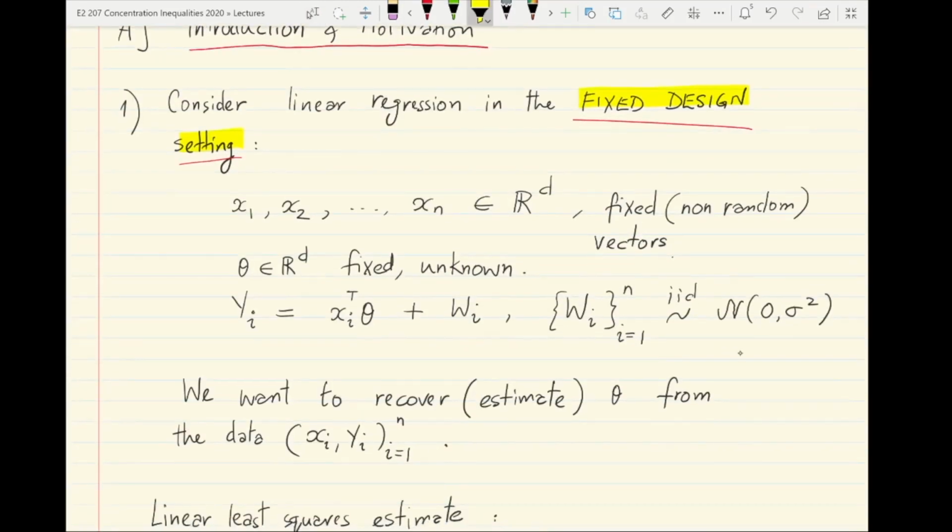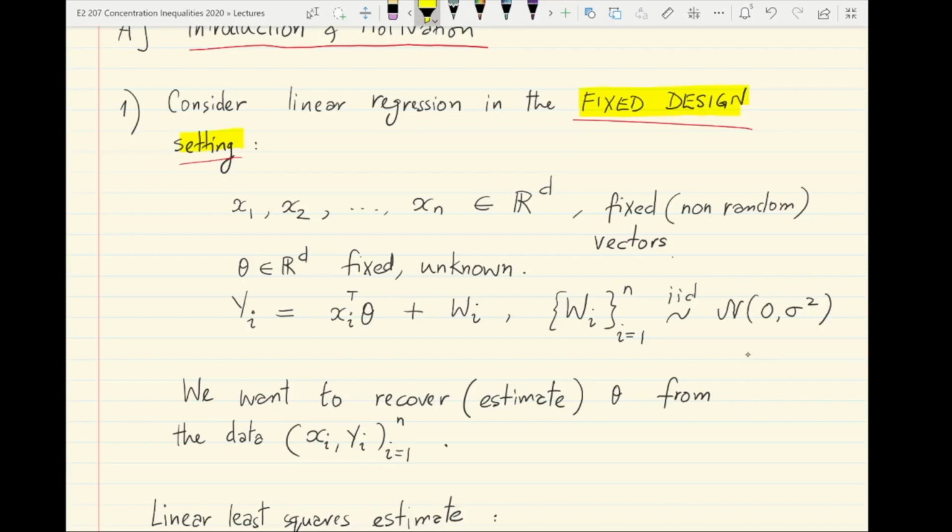You have n d-dimensional vectors x1, x2 up to xn. These are fixed or non-random vectors, also called your design. These are essentially vectors that represent the experimenter or data collector's choice of directions to measure upfront. So the design vectors x1 through xn are fixed upfront.